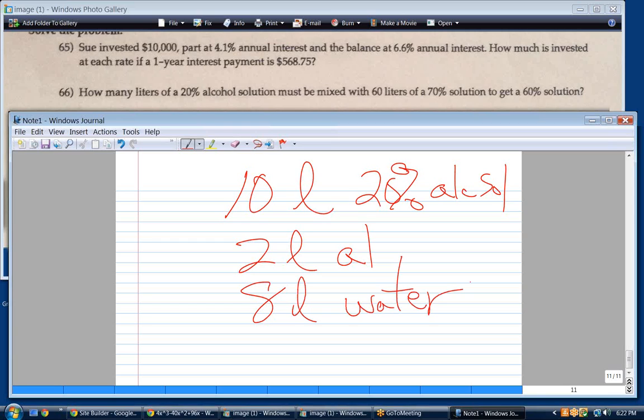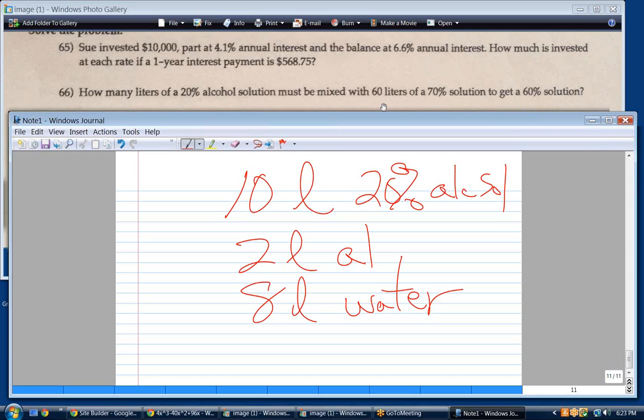You see why? If I took 2 liters of alcohol and 8 liters of water and mixed them together, I would have 10 liters, and 20% of that solution would be alcohol. So with these solution problems, it's best to think of the liquid as a solid. In other words, this alcohol is like sand that's going to dissolve in the water. You with me? All right.